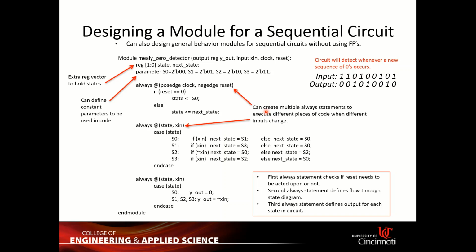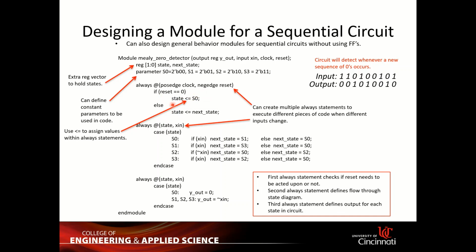Here we can create multiple always statements to execute different pieces of the code when different inputs change. Remember that in this first always statement, when the positive edge of clock appears or the negative edge of reset, if the reset is equal to 0, you will assign the current state to go back to state S0.